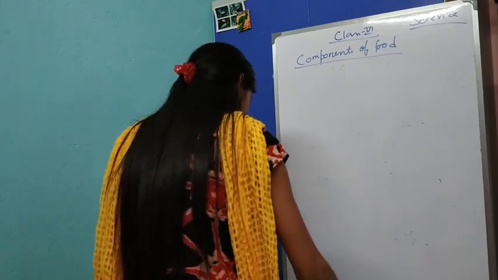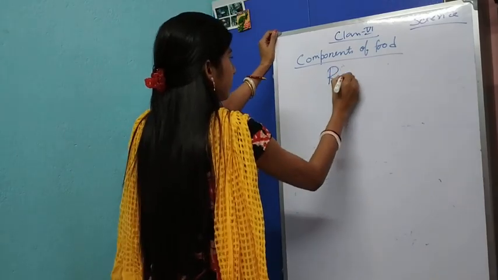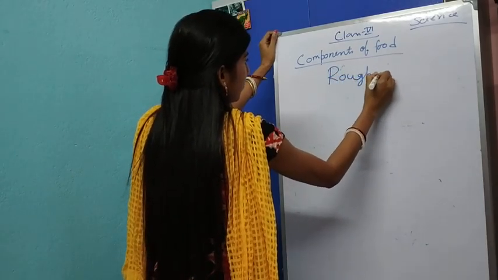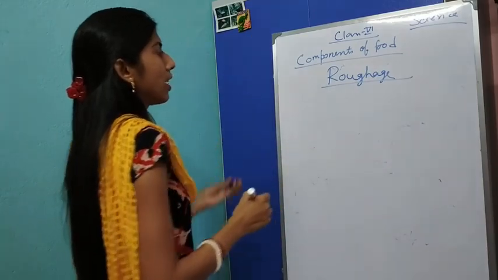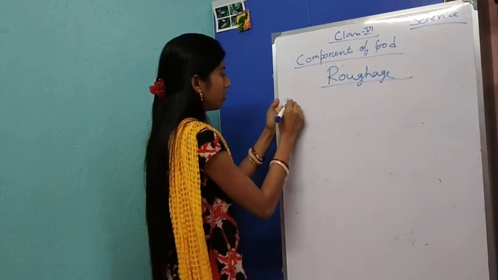So the next part is roughage. It is also called dietary fiber. It is a dietary fiber present in the food.